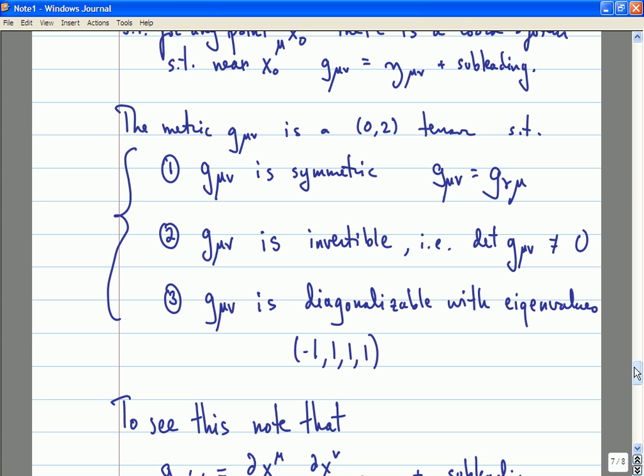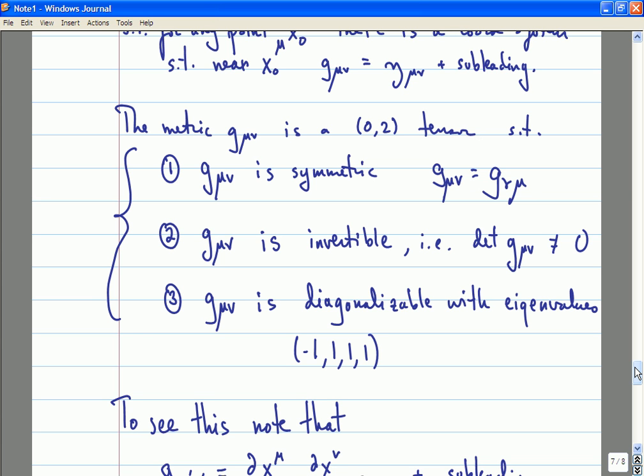You can check, and I encourage you to do so, that whenever you do a coordinate transformation, even though you might change the values of the eigenvalues, you could never change the number of positive and negative signs. Good question. Other questions?